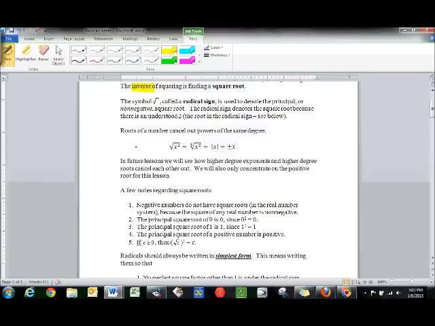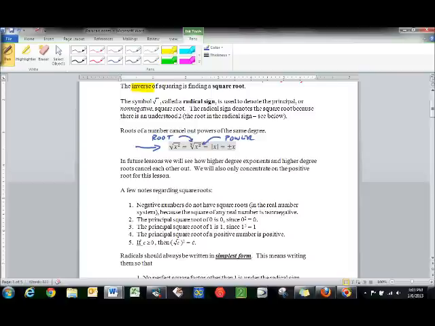As you can see in this little equation, the square root of x squared. It's an understood square root because there's an understood 2 in the little notch, so I rewrote it with the actual root there. So if you see here, this is the root, and this is the power, or the exponent.